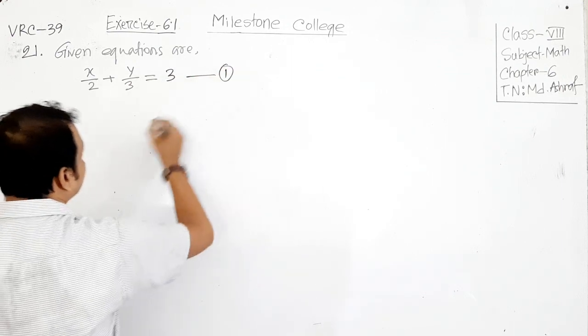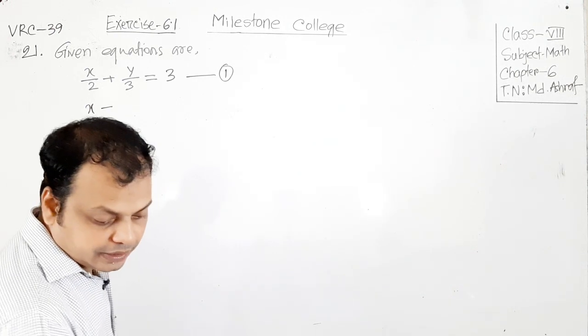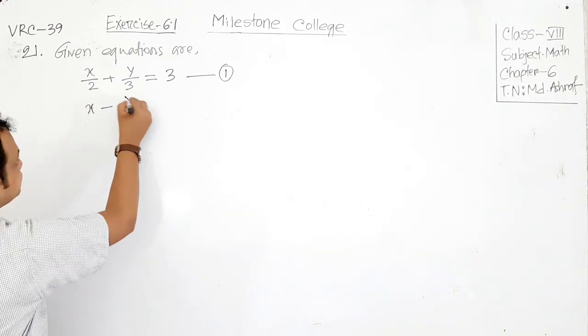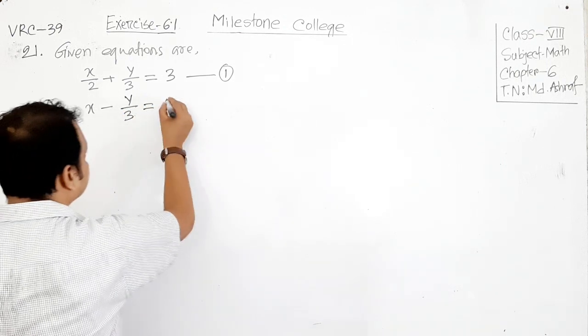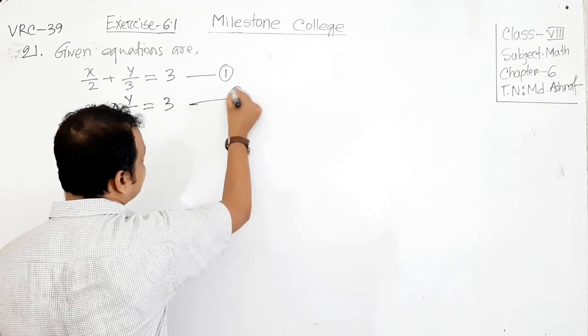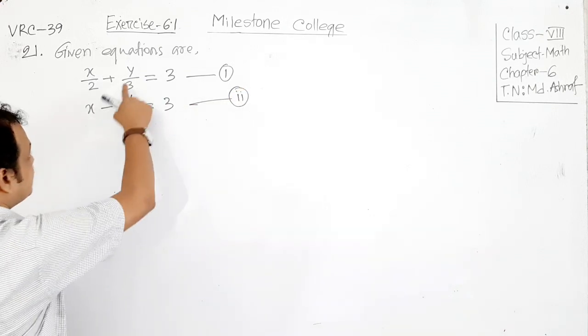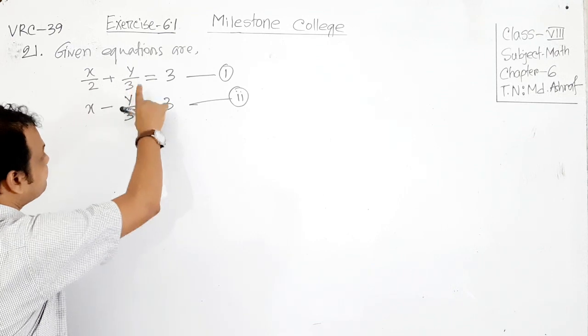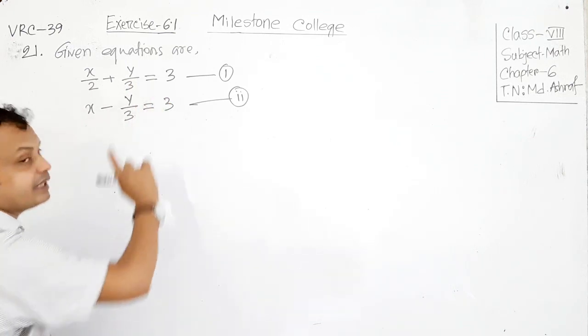Equation number 1, mention the name, and x minus y by 3 equals 3. So these are the two given equations. Okay, so these are simple simultaneous equations. So we have to solve the equations by the method of elimination.